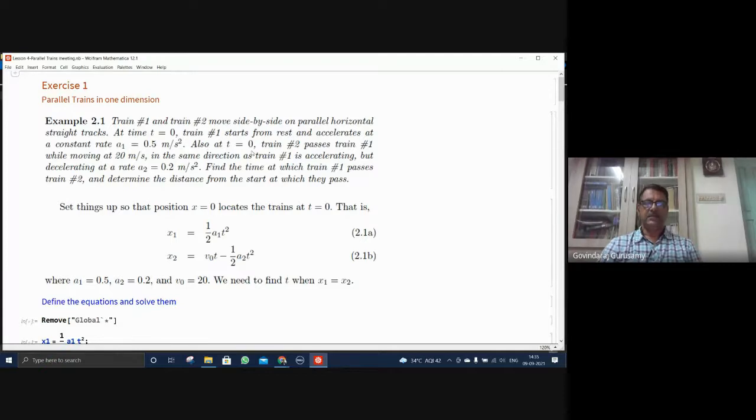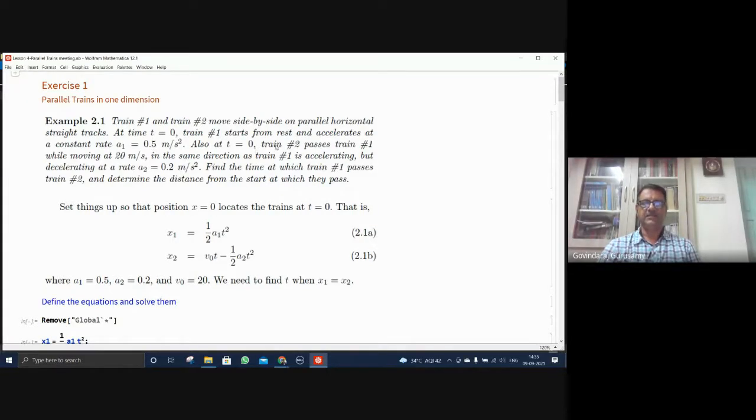Also at t equal to 0, train number 2 passes train number 1 while moving at 20 meters per second in the same direction as train number 1, but decelerating at a rate of a2 equal to 0.2 meters per second square. So train 1 is accelerating with 0.5, moving on.